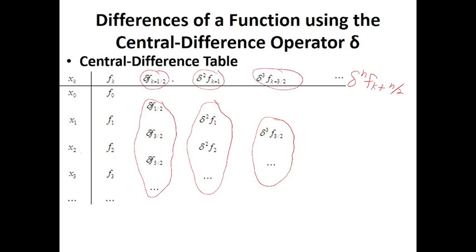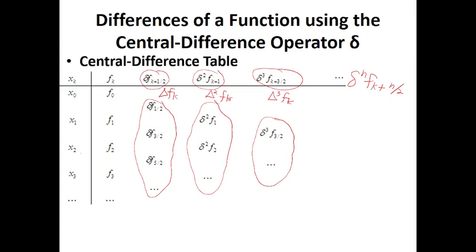So before, I introduced to you the forward difference table. This is delta f sub k. This is delta squared f sub k. This is delta cube f sub k. In short, uppercase delta f sub k is simply equal to lowercase delta f sub k plus 1 half.